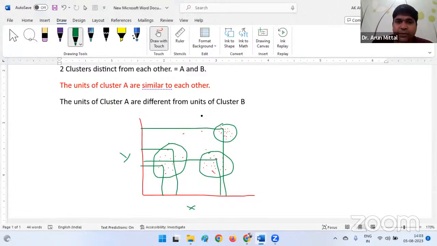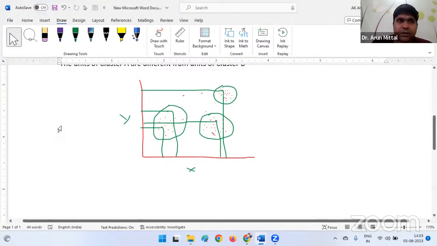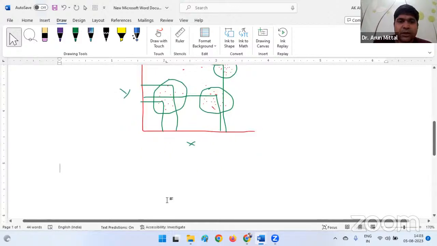Now we can do this with the help of mean values, the centroid of the cluster.